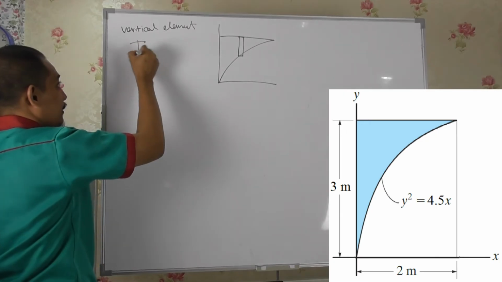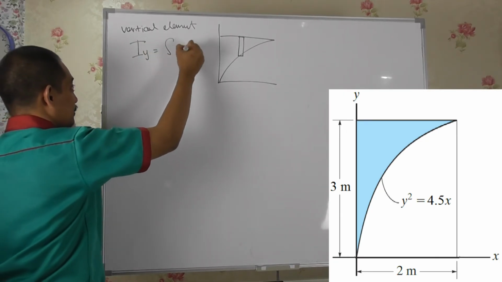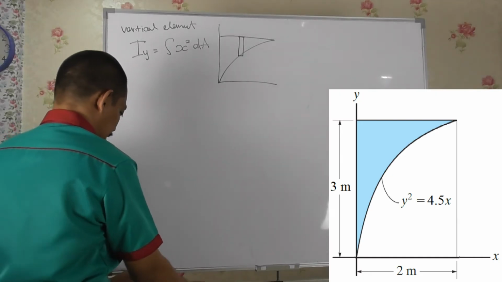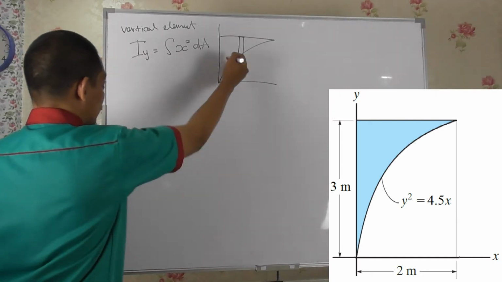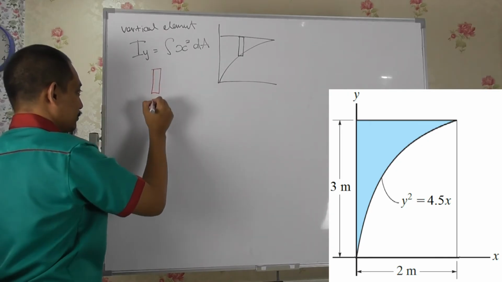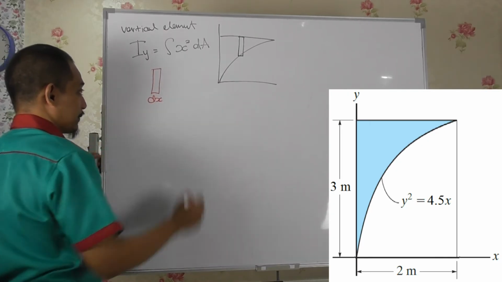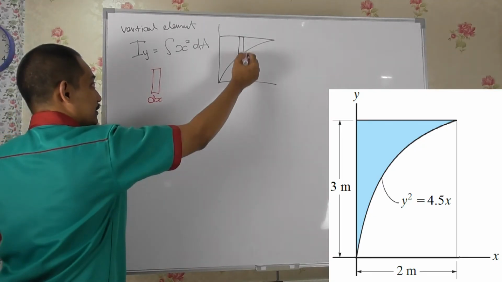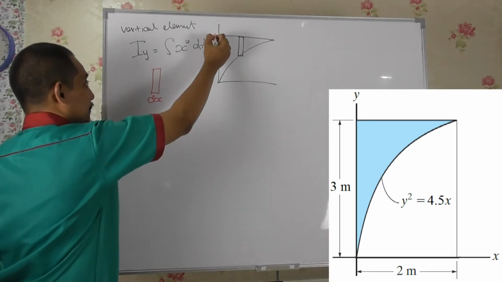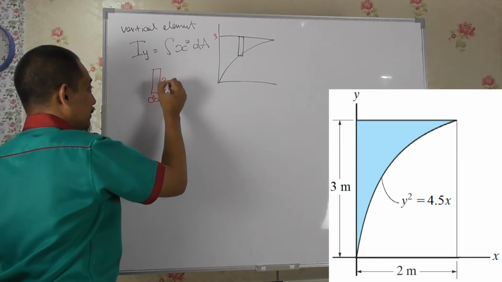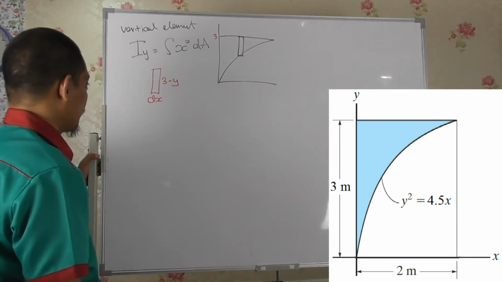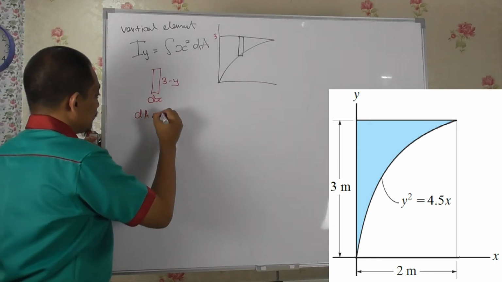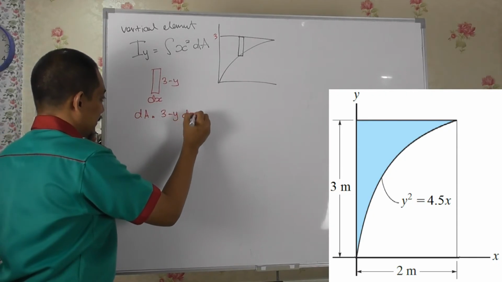For the vertical element, Iy is equal to the integration of x squared dA. With that shaded area, you have dx here, and hopefully you have understood this already. Because y is here and 3 is there, it is 3 minus y. So with that, dA becomes (3 minus y) dx.